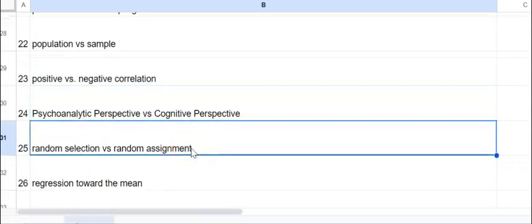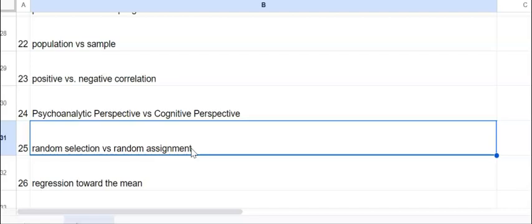Random selection versus random assignment, two very confusing terms just because they both have that random in there. So the selection has to do with how you're getting people from the overall population. So when you select who will be in your study, it is random. We talked about using maybe a computer to randomly choose 100 students from Red Oak High School.